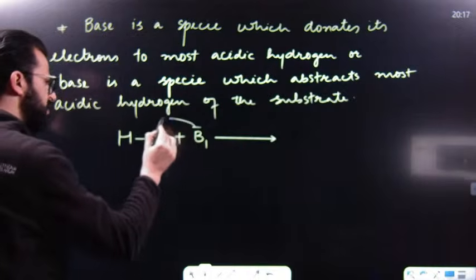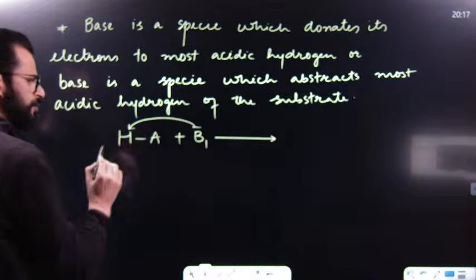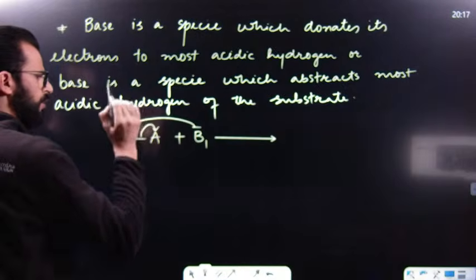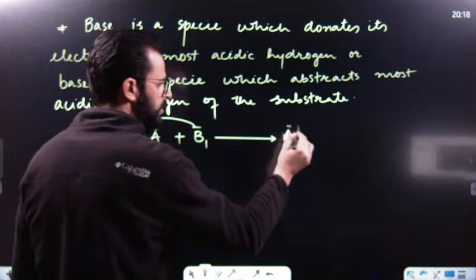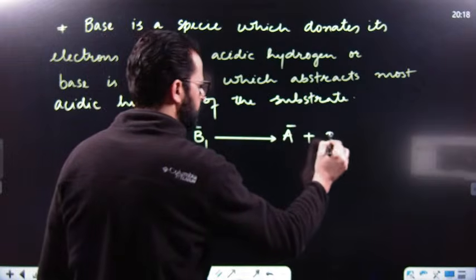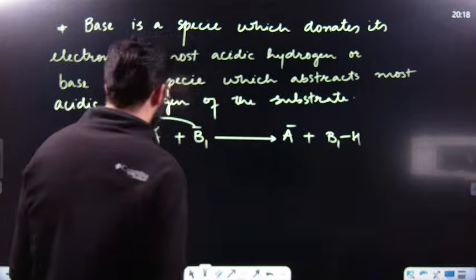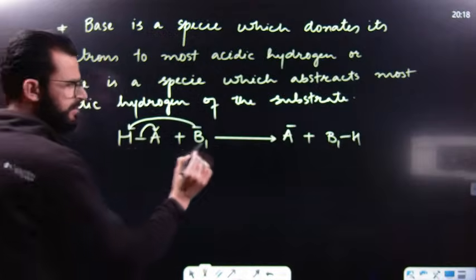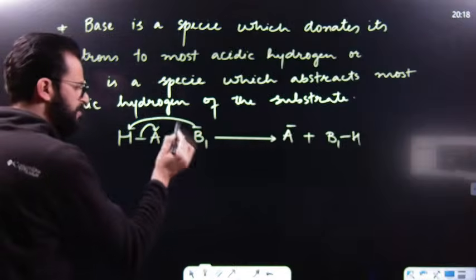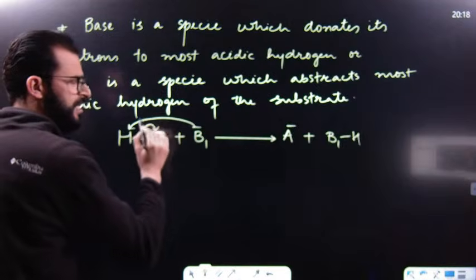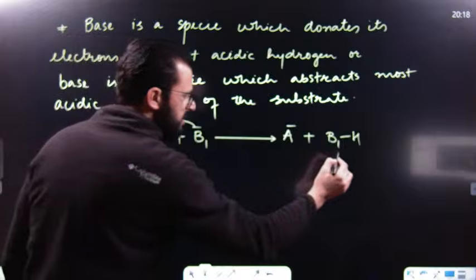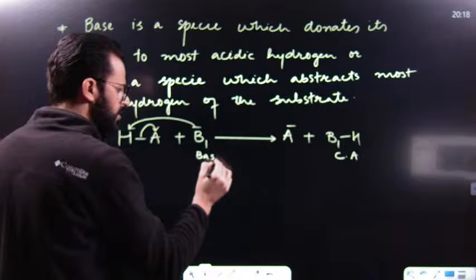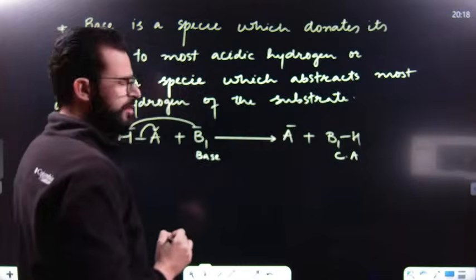The base will donate its electrons to this acidic hydrogen and abstract it without the electron, resulting in A minus plus B1H. As HA donates hydrogen, it is the acid and A minus is its conjugate base, while B1 minus accepts hydrogen as a proton, so it is the base and B1H is the conjugate acid of the base.